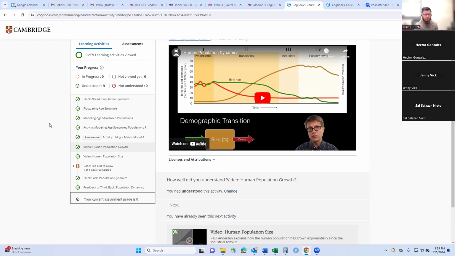Like that's something we should be aware of, and be able to describe. If you see one of those images, you might get a multiple choice: what is happening with this population? Increasing, decreasing, staying the same, or none of the above, or something like that. Okay. That'd be a good multiple choice question.